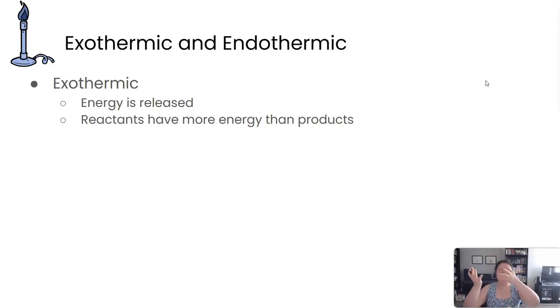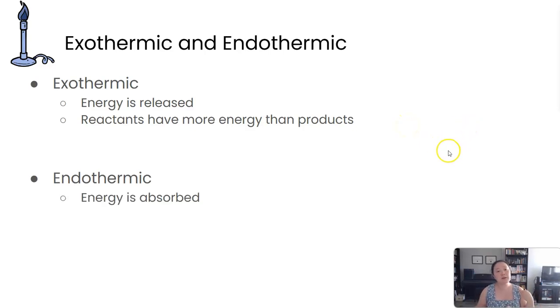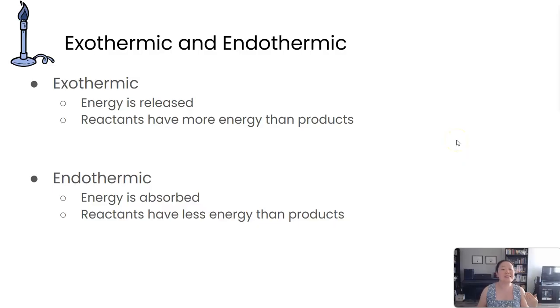Because your reactants have more energy, they release the energy while they're becoming the products. On the other side, you have endothermic. Energy is being absorbed in those cases, and this means that your reactants have less energy than your products. Because your reactants have less energy, to become the products, they needed to absorb energy from the surroundings.